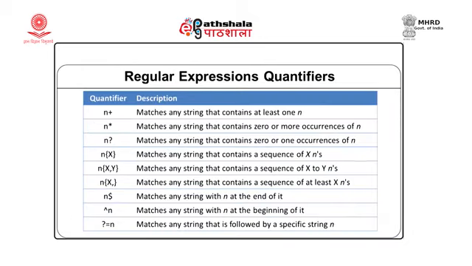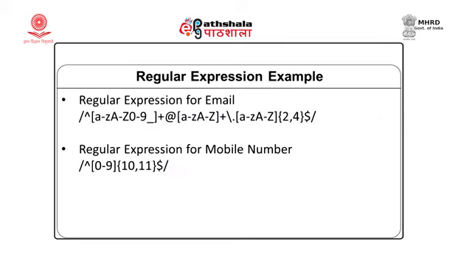Now, we can also use quantifiers. For example, n+ matches any string that contains at least one n, and n* matches any string that contains 0 or more occurrences of n. And so on. So, these are the quantifiers that you can use in a regular expression.